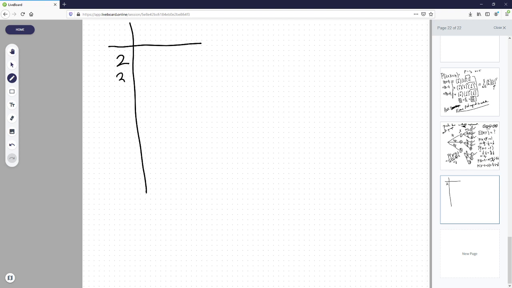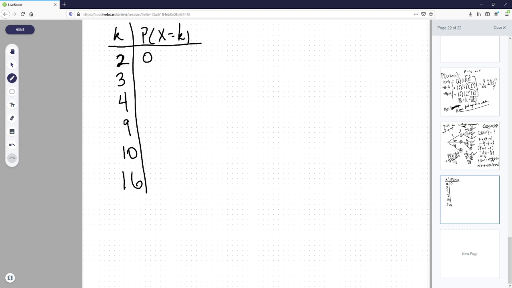So the sums are 2, 3, 4, 9, 10, and 16. And the probabilities of those values, so if I call this k, and this is the probability that x equals k, the probability that we get 2, that we get 1 and 1, is 0.